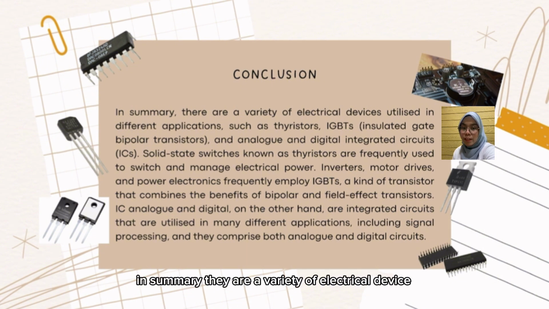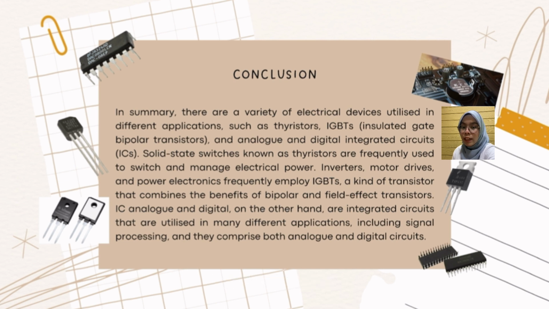In summary, there are a variety of electrical devices utilized in different applications, such as thyristors, IGBTs, insulated gate bipolar transistors, and analog and digital integrated circuits. Solid-state switches, known as thyristors, are frequently used to switch and manage electrical power.